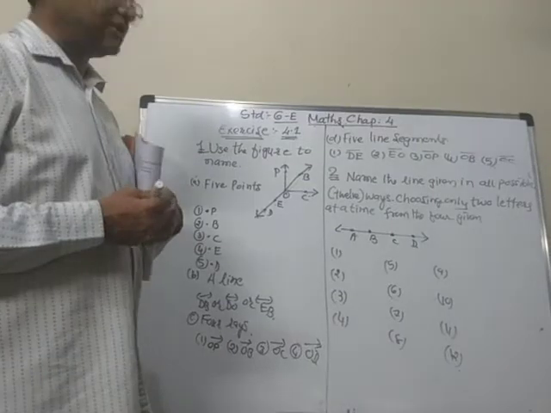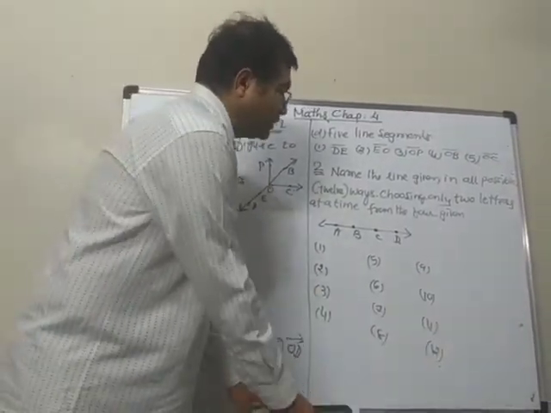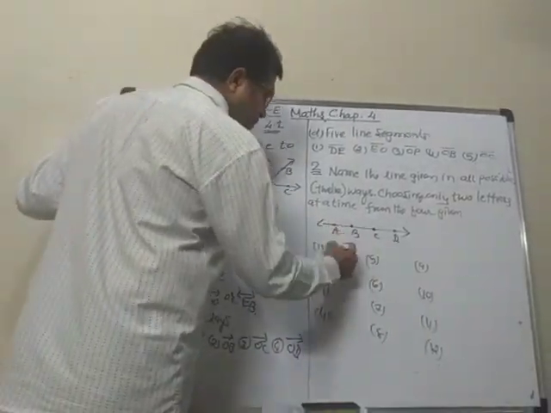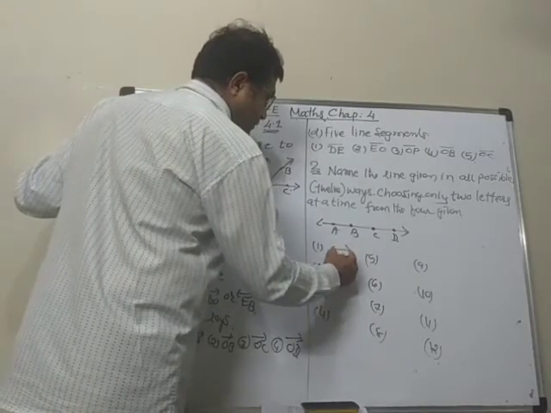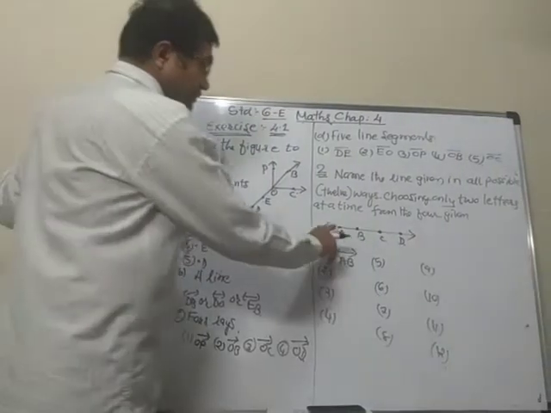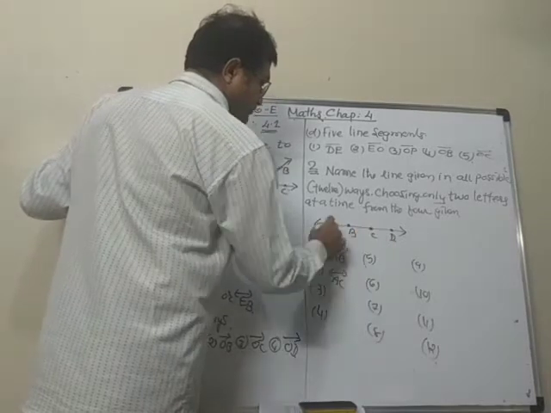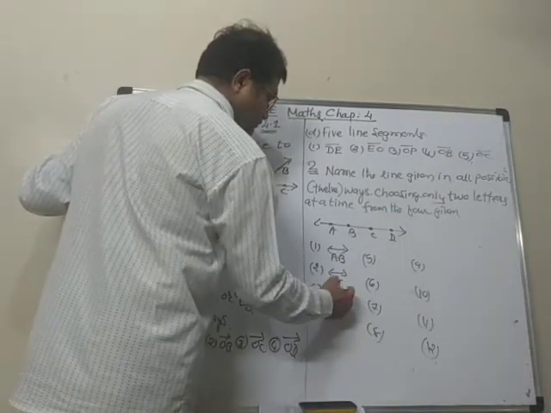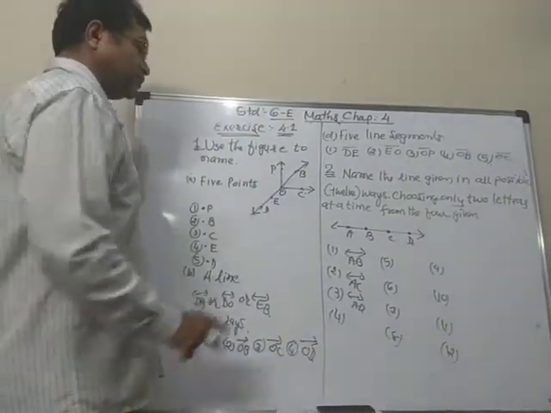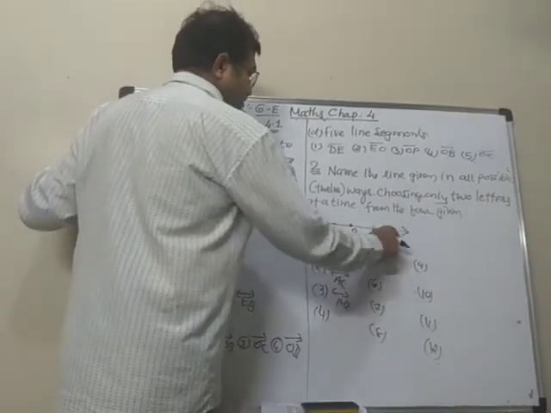But we have to remember that we have to take 2 points at a time only. So first of all, we can take line AB. We can take any 2 points. Then we can write down line AC. We can take line AD also. So starting from A, we take AB, line AC, and line AD.